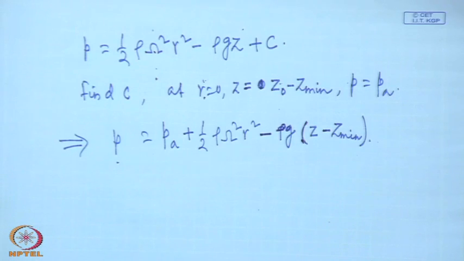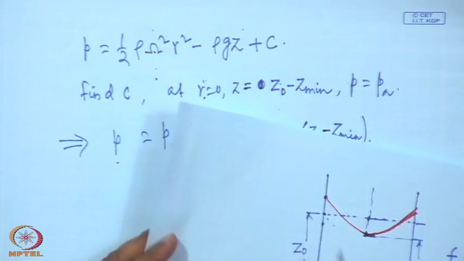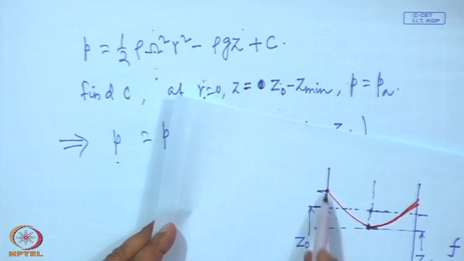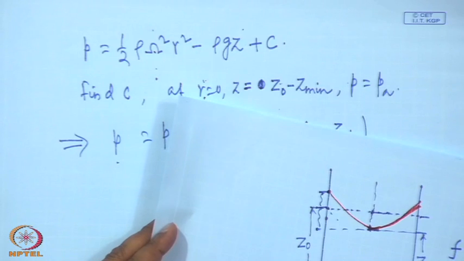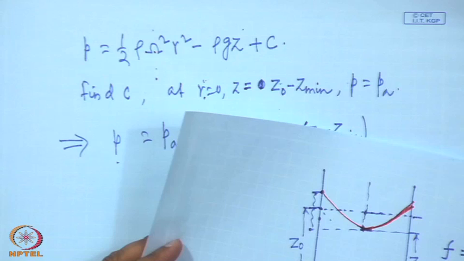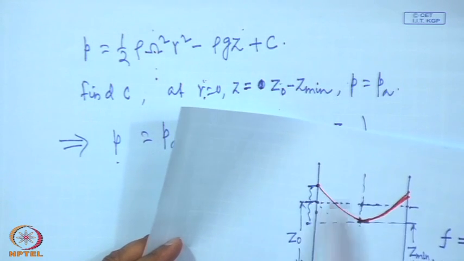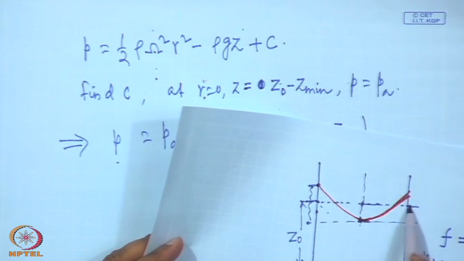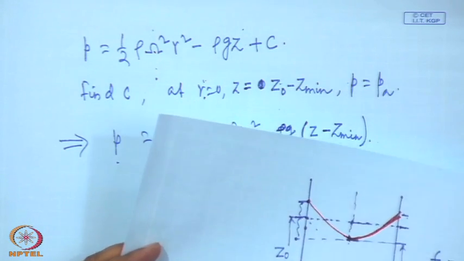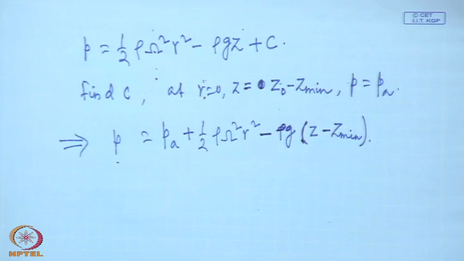Now, you can find out how much it has risen with respect to the undisturbed free surface, that means this height, and also this height. You may consider the volume to find how much is this z mean, or how much is this distance above the undisturbed free surface. That can be very easily obtained by considering the volume. The total volume of the fluid is unchanged.